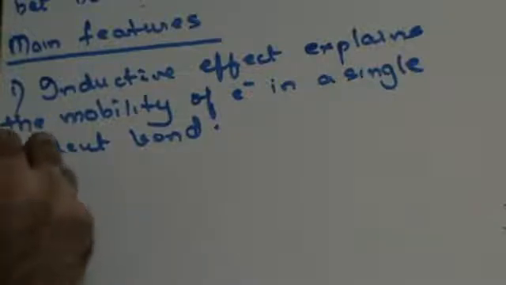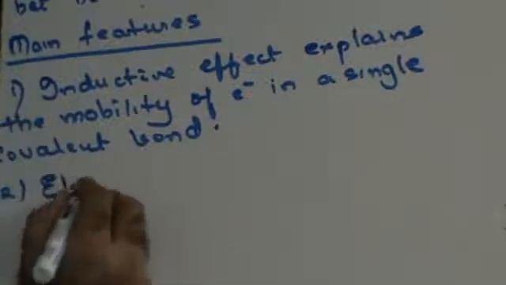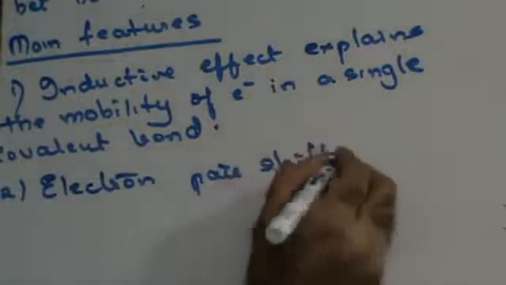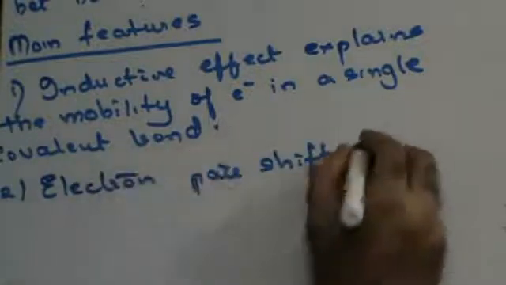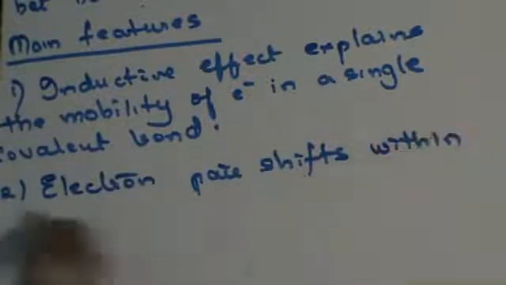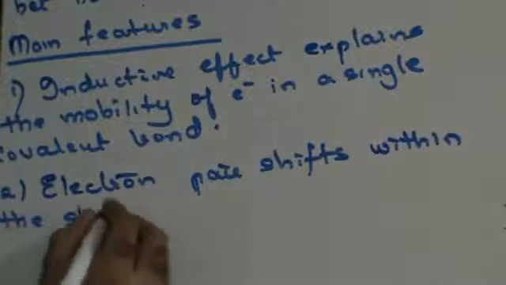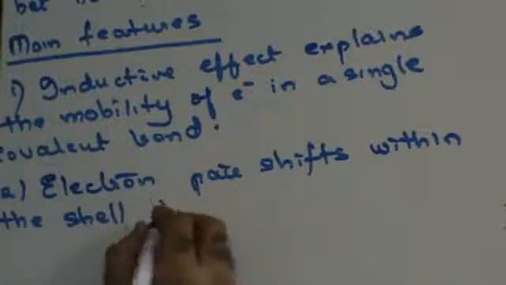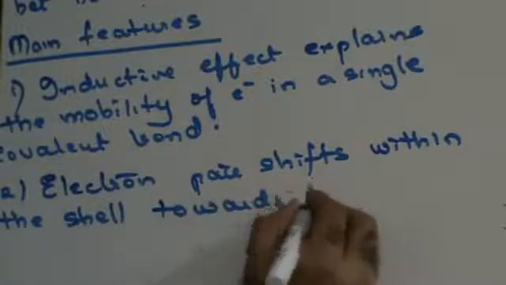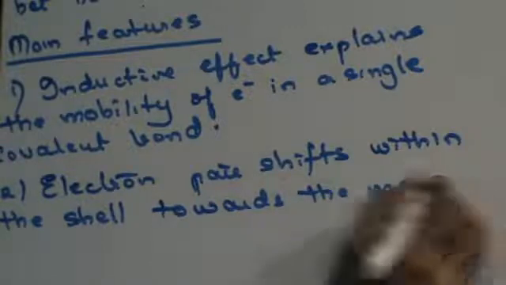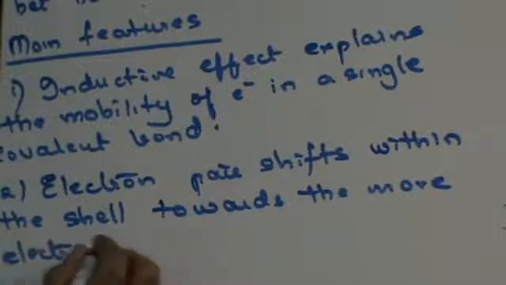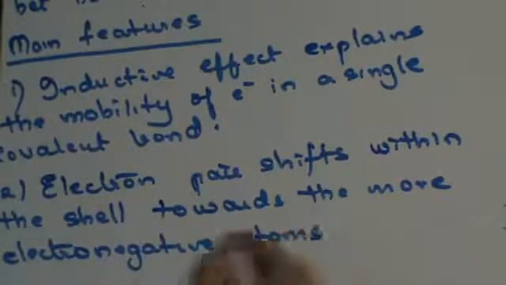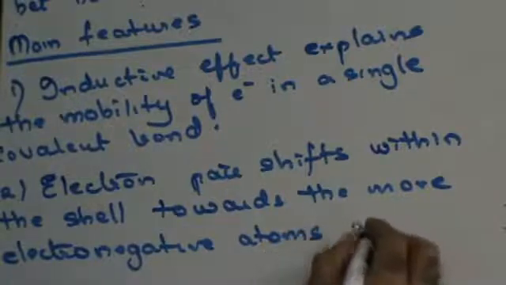So the electron pair shifts within the shell towards the more electronegative atom without leaving the octet.